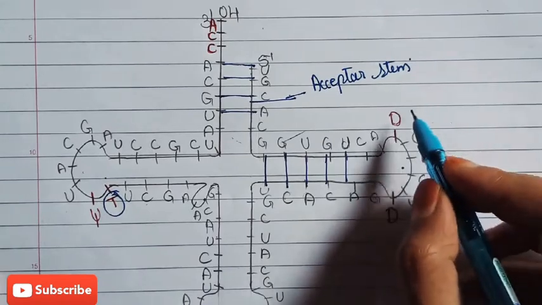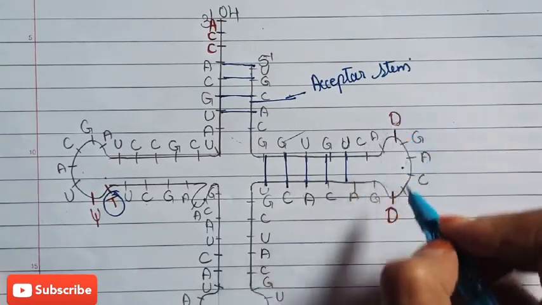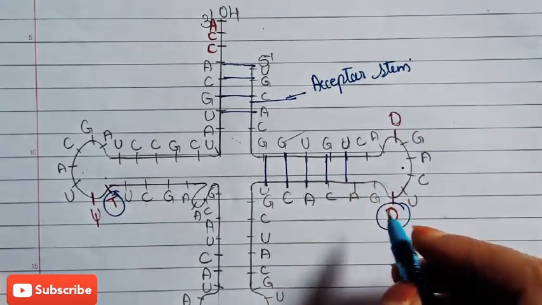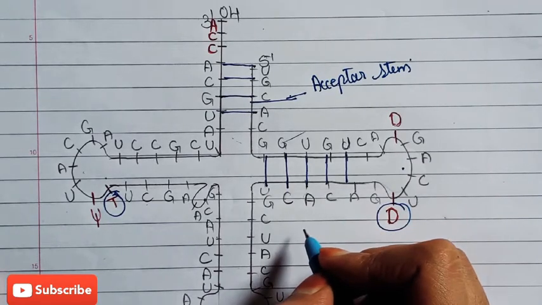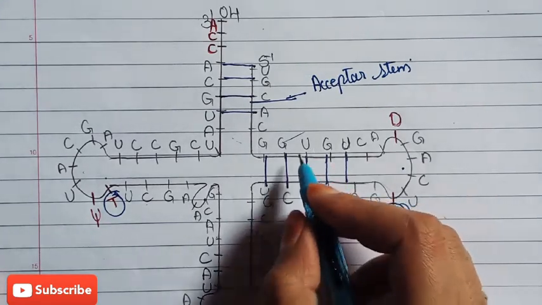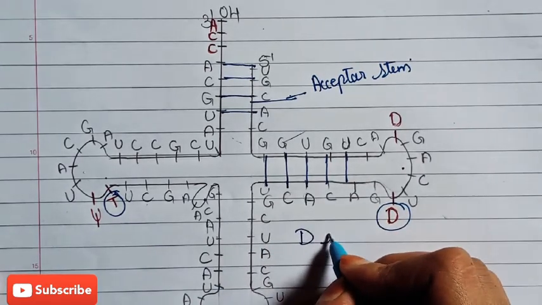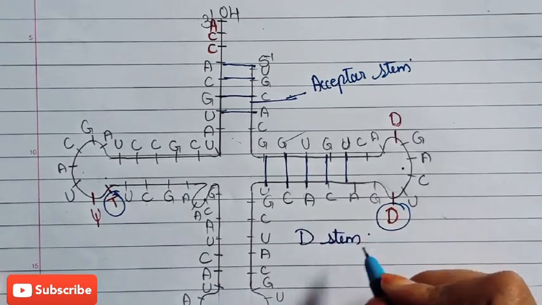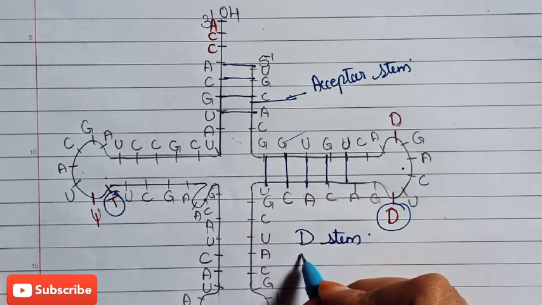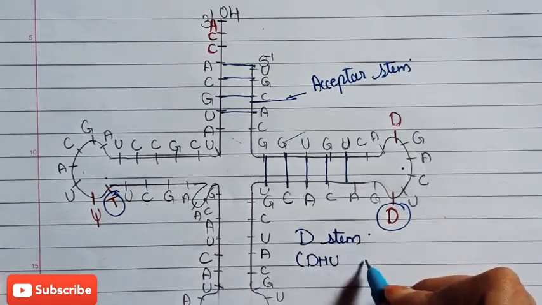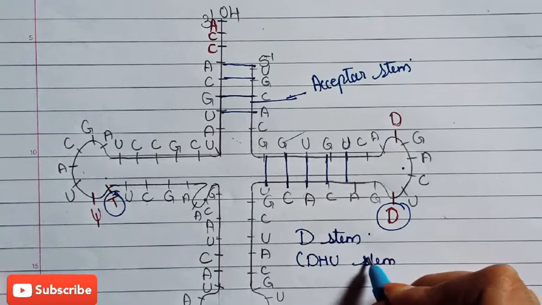Now the second, about the D loop. Why is it known as the D loop, or it is also known as the D stem, because here you can see hydrogen bonds. So you can say D stem or DHU stem. Why is it known as the DHU stem?